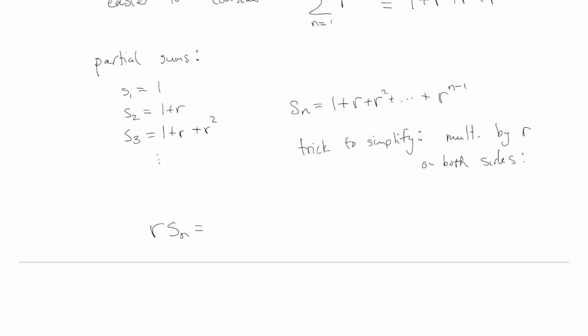This has the effect of increasing all of the exponents by 1. So what used to be 1 is now r, and then r becomes r squared, r squared becomes r cubed, etc. And the last one, which used to be r to the n minus 1, we increase that power by 1 and it's just r to the n, like so. This is r times Sn.